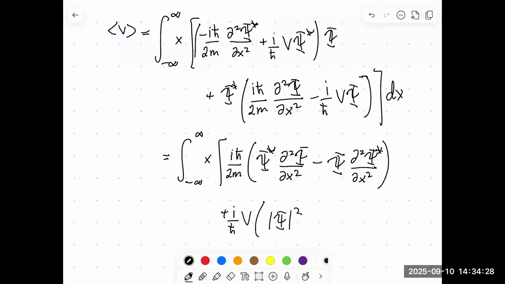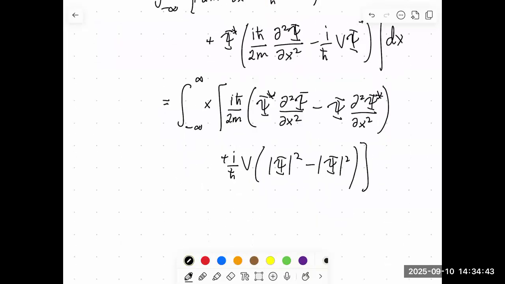And then when I do this one, I get the same thing, i over h bar times V times phi squared, but the sign is reversed. So we'll get a minus phi squared. And then we close our bracket and we do dx. So, of course, this term cancels.